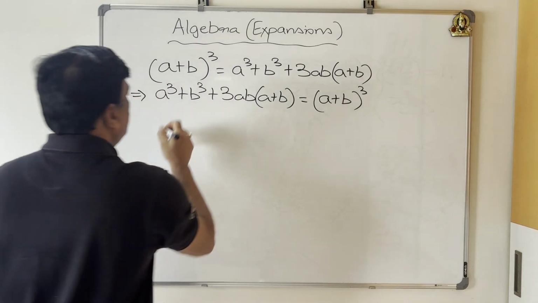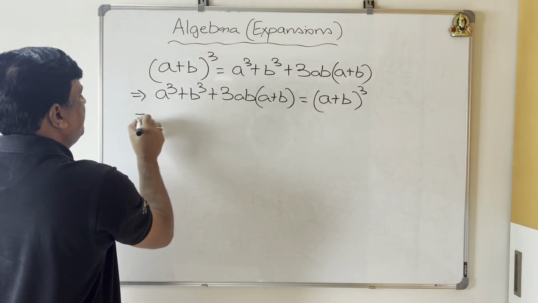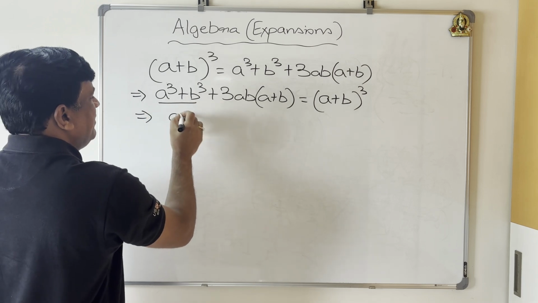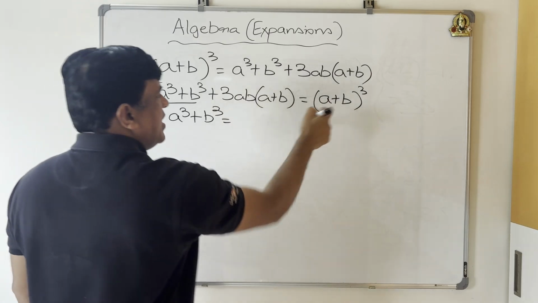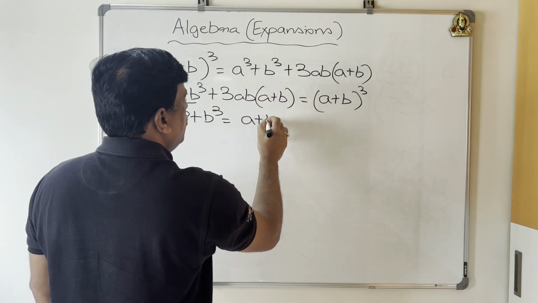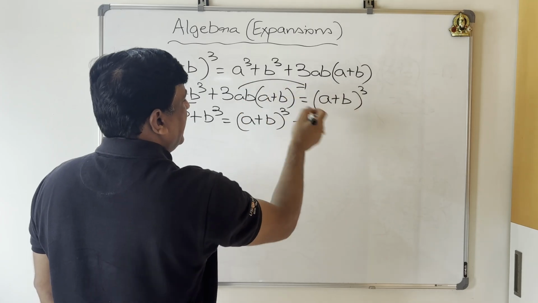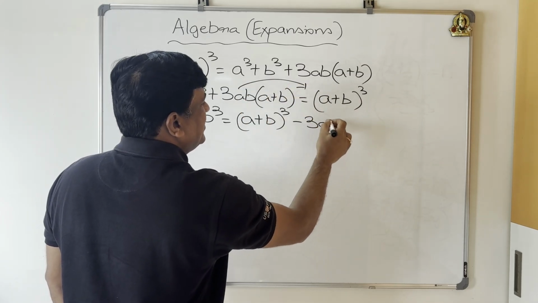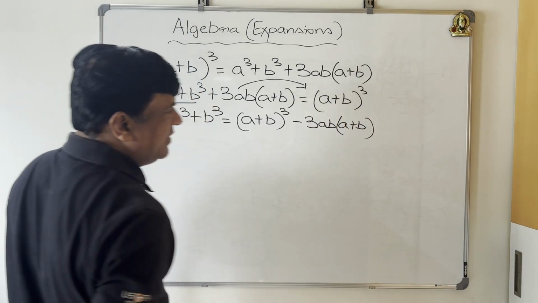Now I'm going to find the value for only this, so I'll leave this one on the left side. a³ + b³ is equal to (a + b) whole cube, and I'm taking this one to the right side, so it becomes minus 3ab times (a + b). Look at it, I can do that.